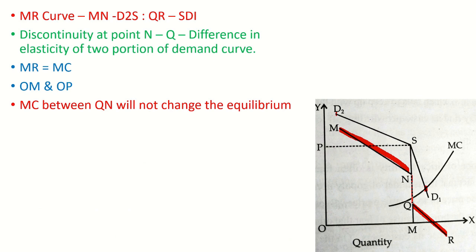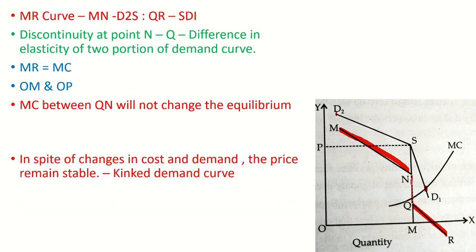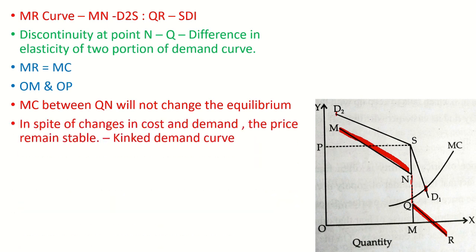That means the demand curve may shift upward or downward, but the MC between Q and N will not change the equilibrium. In spite of changes in demand, the price always remains the same. That is the conclusion that we get from the kinked demand.